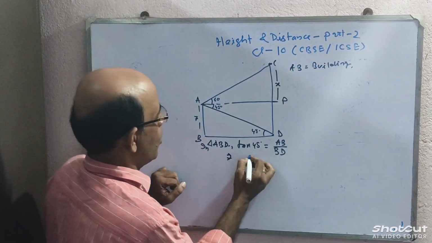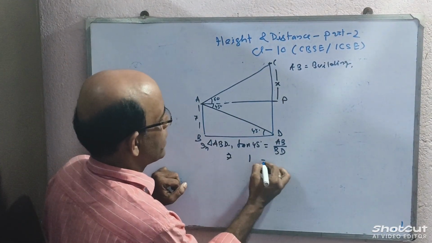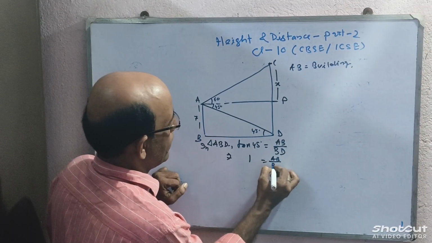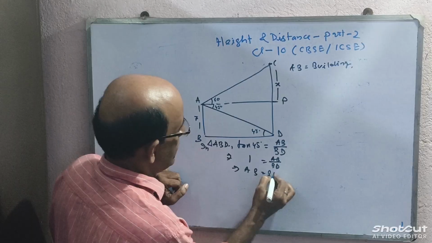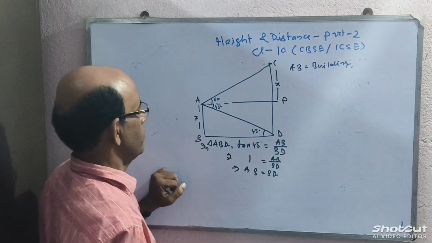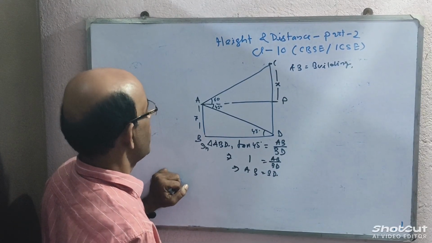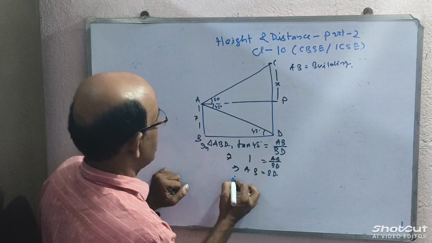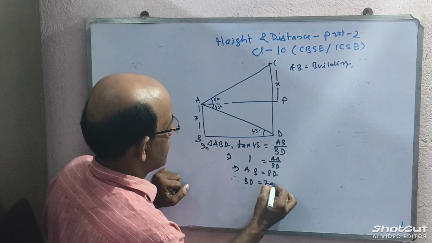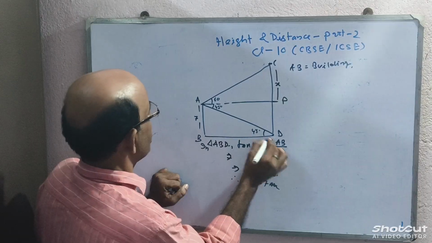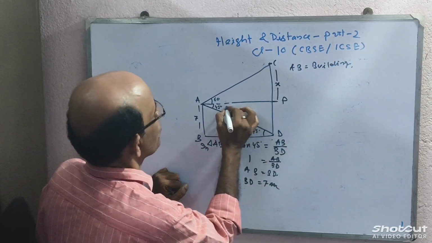Therefore, 1, tan 45 is 1, is equal to AB by BD. Therefore, AB equal to BD. AB is equal to 7. Therefore, BD also 7 meter. BD 7 meter means AP equal to 7 meter.